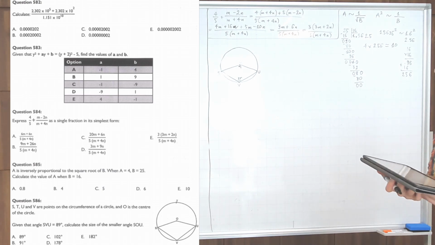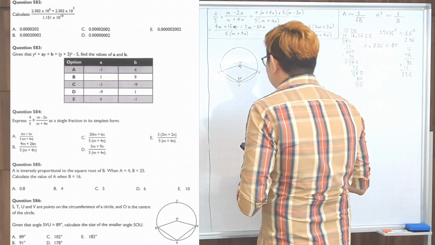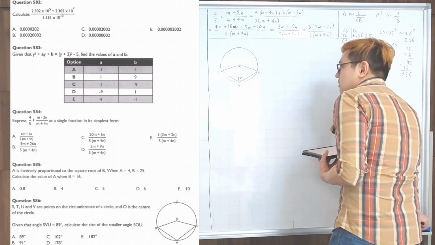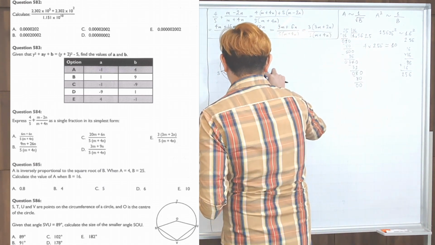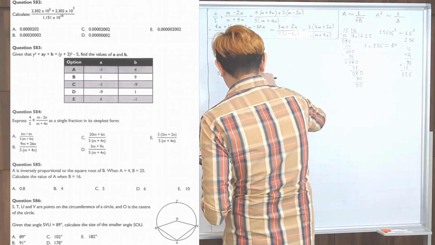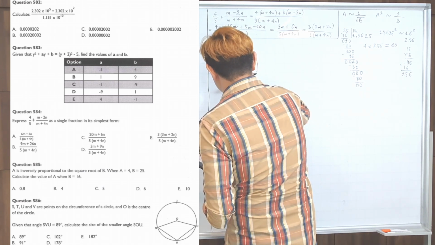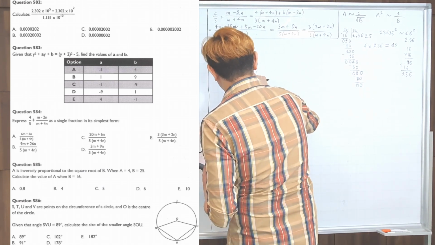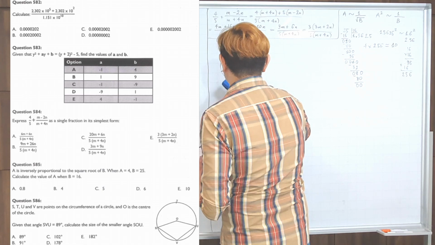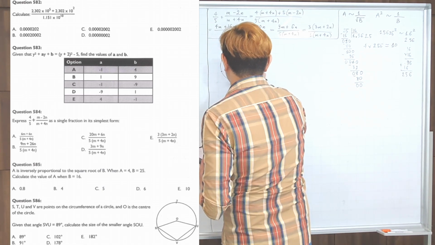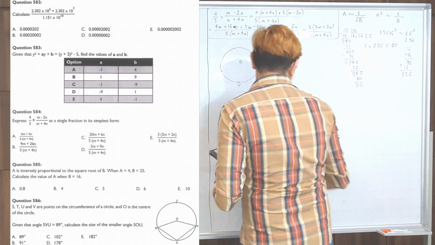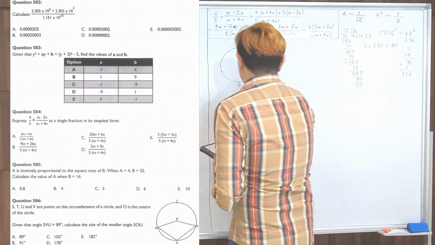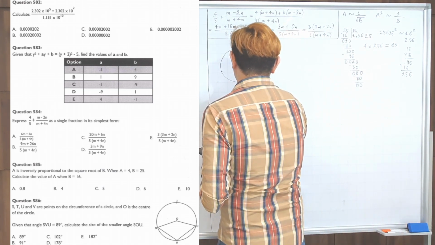Because if you draw it according to scale, it will look a bit different. Okay, 90 degree angle.